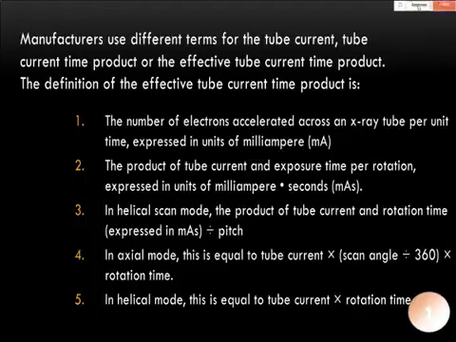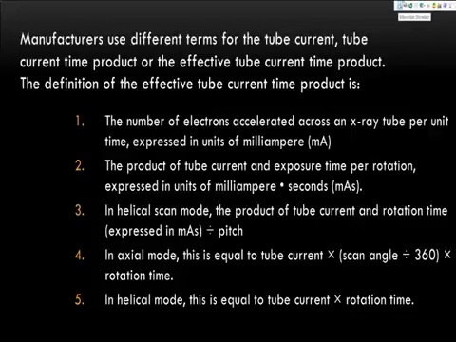The product of tube current and exposure time per rotation, expressed in units of milliampere seconds, or MAS. In helical scan mode, the product of tube current and rotation time, expressed in MAS divided by pitch. In axial mode, equal to the tube current times the scan angle divided by 360 times the rotation time. Or in helical mode, equal to the tube current times rotation time. Again, we're talking about the effective tube current time product. Ready? Go.